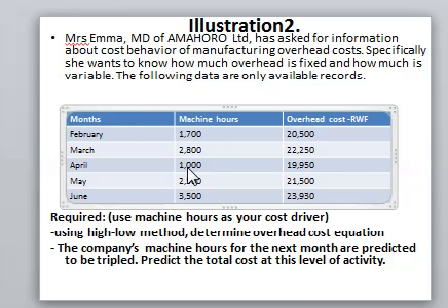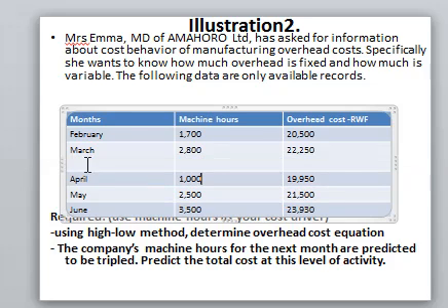Next illustration, we are still using the high-low method to separate overhead. This is our overhead cost, and these are the levels of activity. If you look at this, what is the lowest level of activity? The lowest level of activity is this, in April. The highest is this.